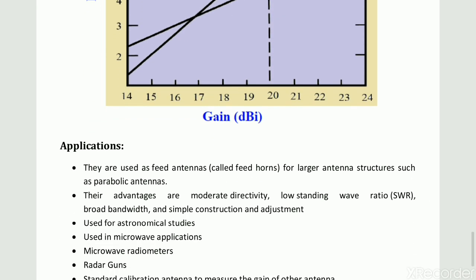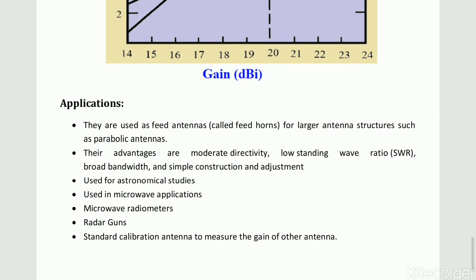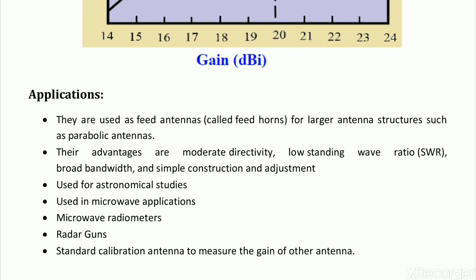So we will move forward to the last part of this video, that is the application of conical horn antenna. The first one is that they are used as feed antennas, called feed horns, for larger antenna structures such as parabolic antennas.